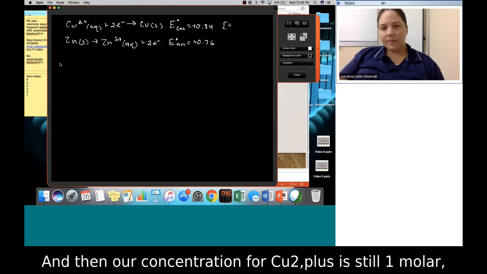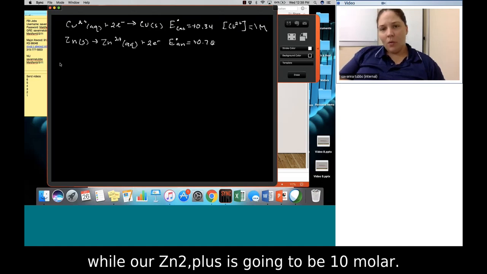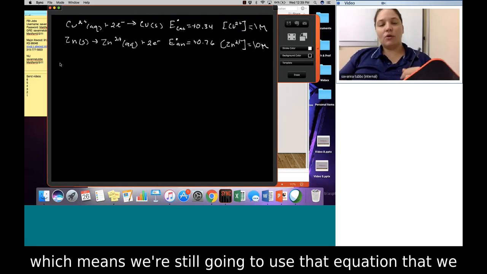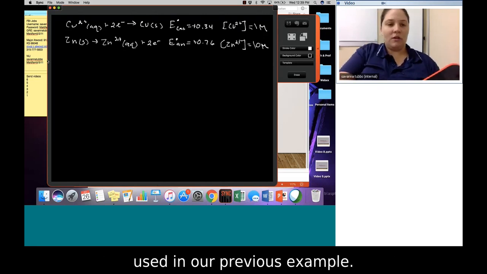And then our concentration for Cu2+ is still 1 molar, while our Zn2+ is going to be 10 molar. And this is still at 25 degrees Celsius, which means we're still going to use that equation that we used in our previous example.